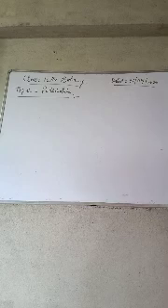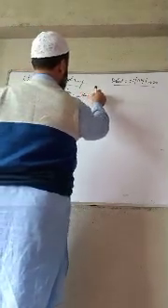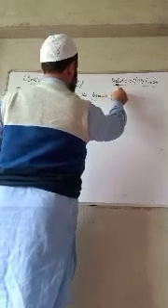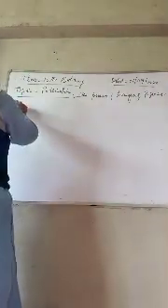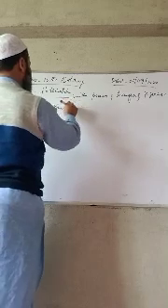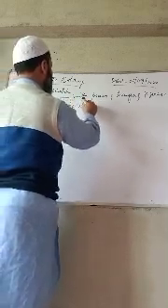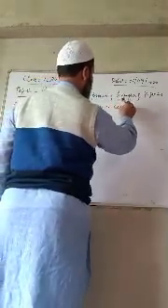Today we will take up pollination. The transfer of pollen grains from the anther to the stigmatic surface of a carpel, to the stigma of a carpel, is called pollination.